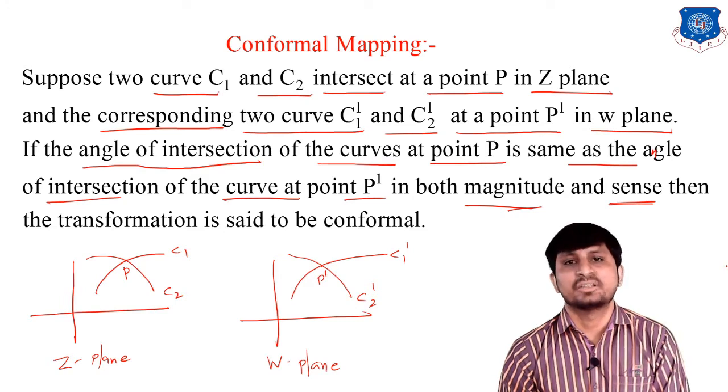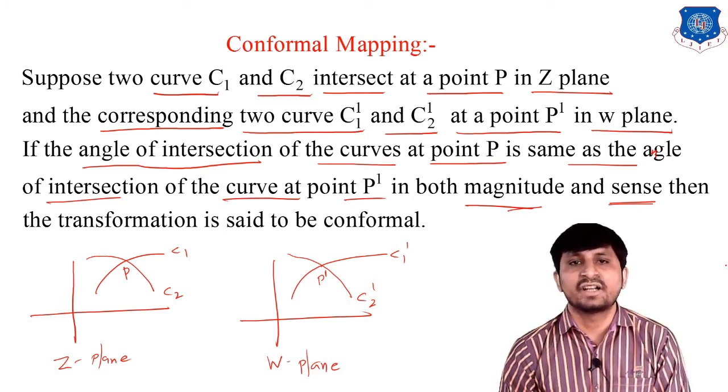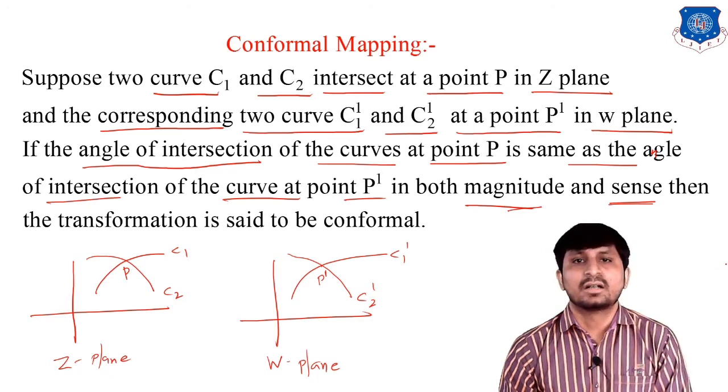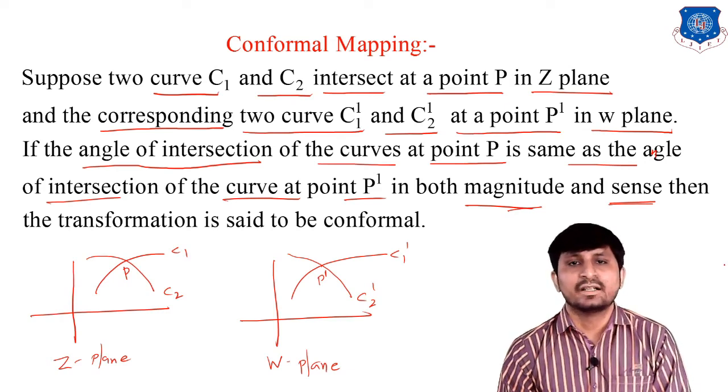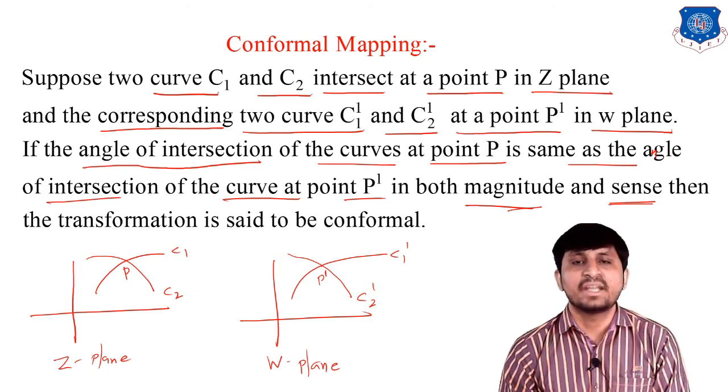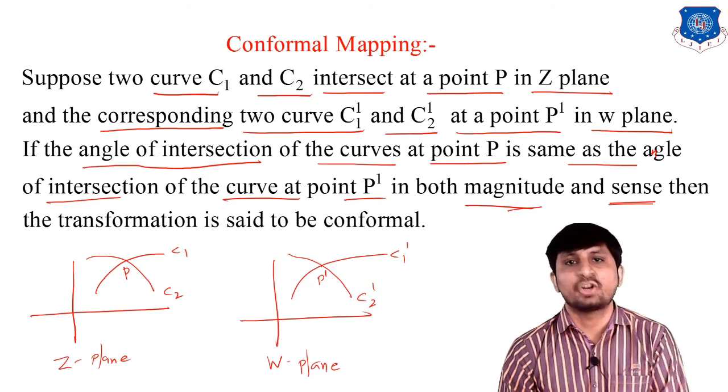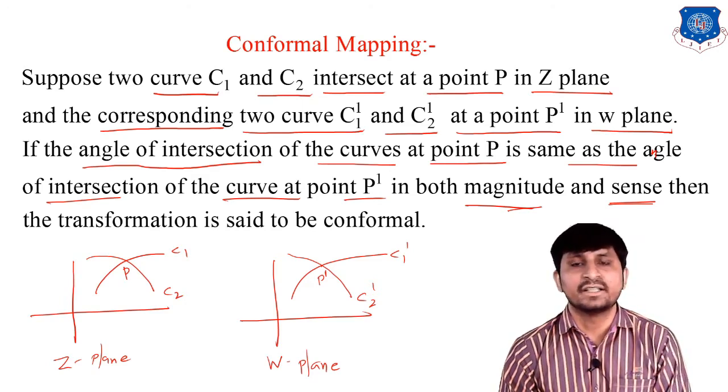No, it's not possible. That's why we take two different planes, one Z plane and another W plane. In this chapter, whatever curve or figure is given, either circle, triangle, rectangle, ellipse, parabola, whatever it is, we find the image under the transformation w equal to f of z, and we draw the figure in the W plane throughout the chapter.